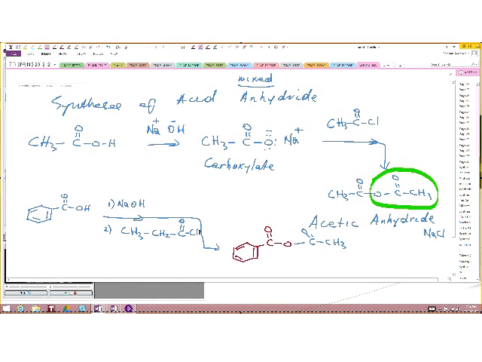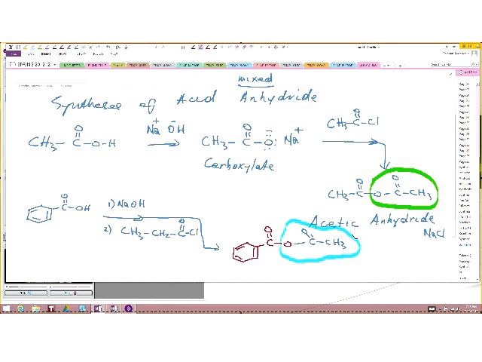So what do we call this? You take a look at this. This part of the molecule here looks like it came from benzoic acid, right? Then you also take a look at this here. Oh no, I made a mistake.